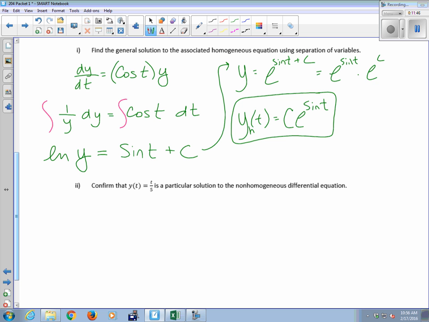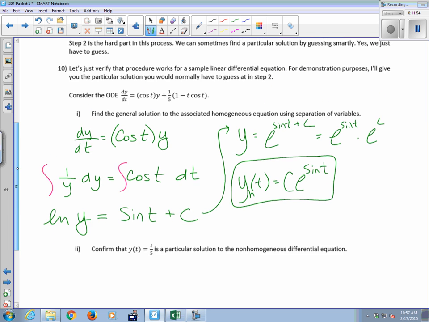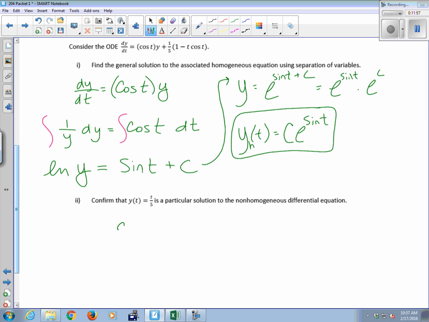Okay, so this is the guessing part. This is the part where you have to guess a solution to the original full a of t y plus b of t equation. So I'm going to write down my equation, the whole thing: dy dt is cosine of t times y plus 1/5 times 1 minus t cosine t.